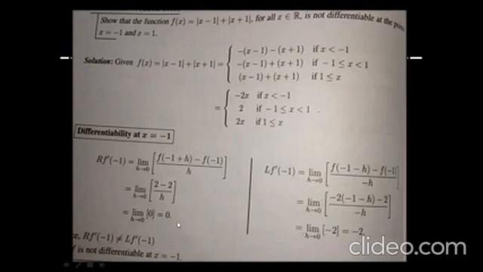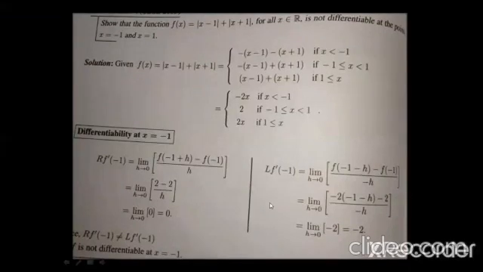If you look at both differentiabilities, the right hand differentiability at x equal to minus 1 is equal to 0, and the left hand differentiability at x equal to minus 1 has the value minus 2.